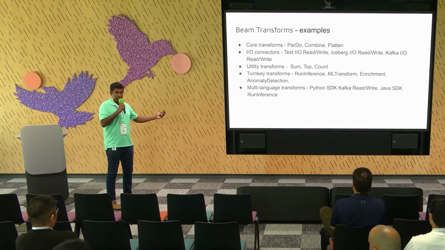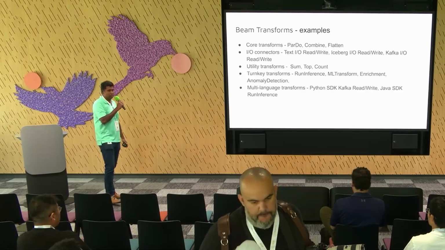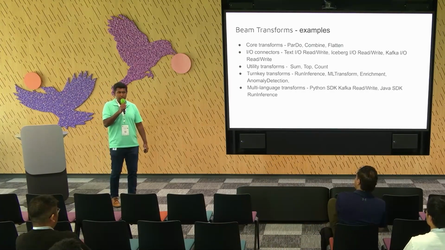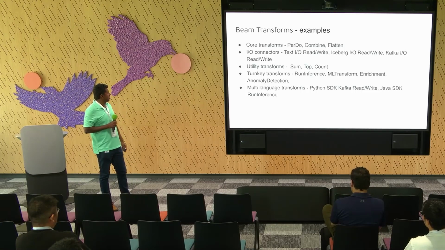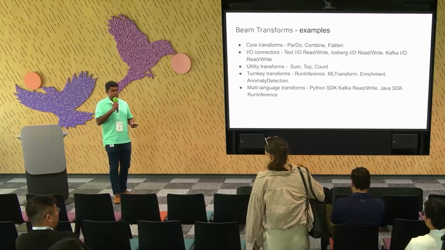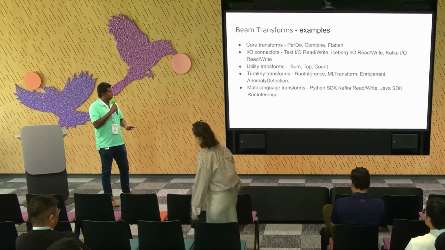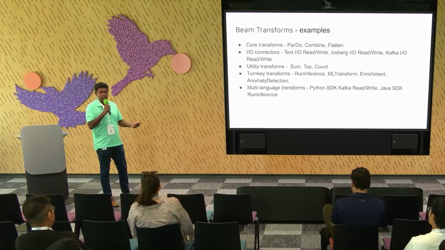All right, so here are some examples of Beam transforms. Beam comes with a number of core transforms, things like ParDo, Combine, Flatten. Pretty much all I/O connectors you find in Beam are transforms. So if you take TextIO read-write, Iceberg read-write, Kafka read-write, these are all Beam transforms.